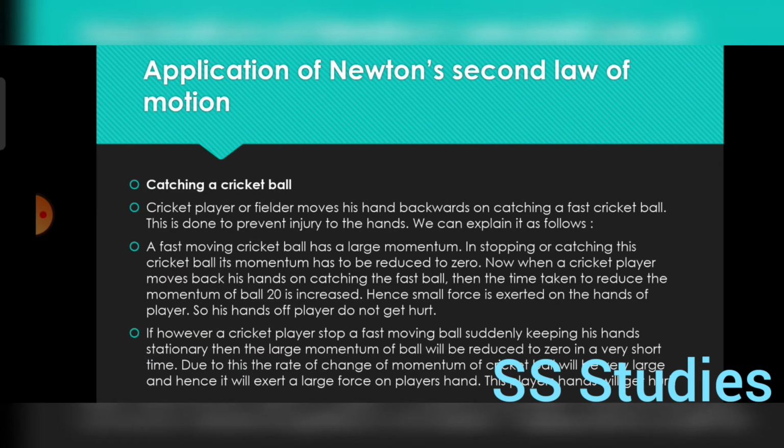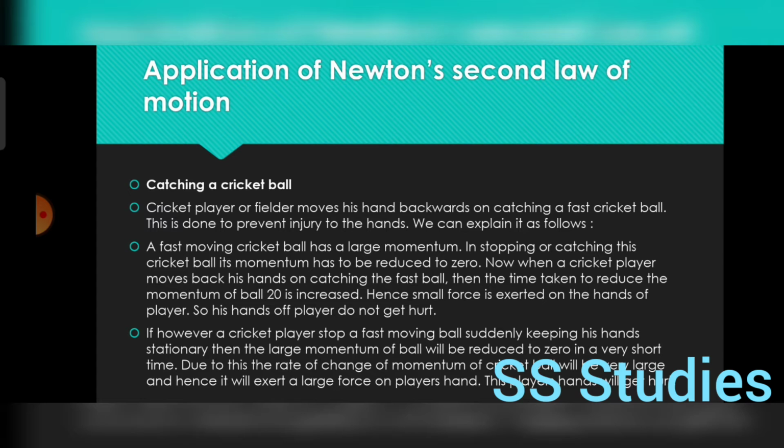Application of Newton's second law of motion: catching a cricket ball. A cricket player or fielder moves his hands backwards on catching a fast cricket ball. This is done to prevent injury to his hands. We can explain it as follows. A fast moving cricket ball has a large momentum.